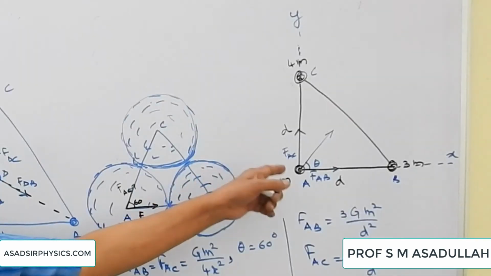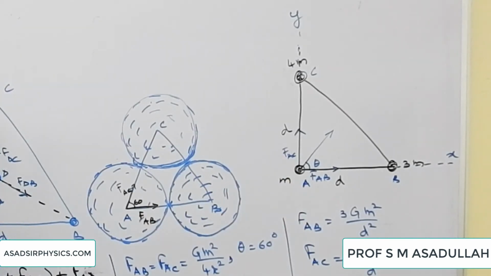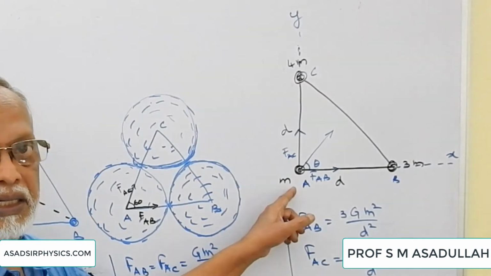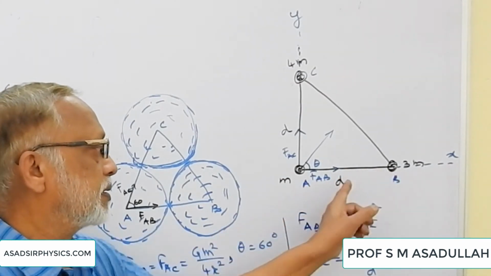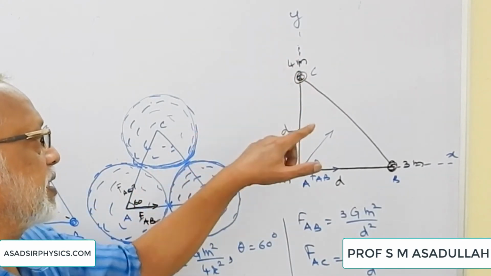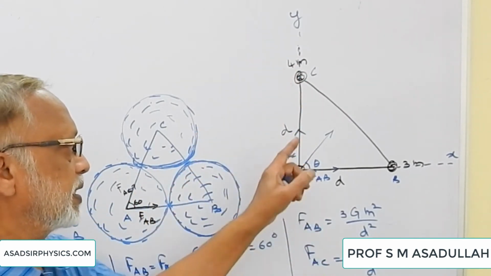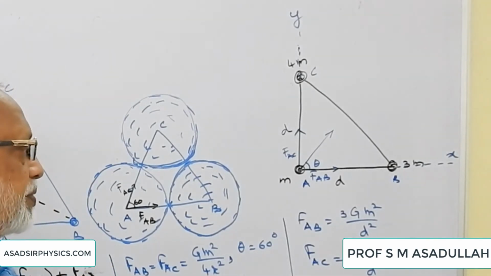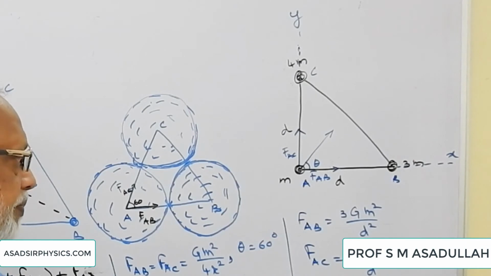Now we have three bodies of masses m, 3m and 4m. m is at the origin, 3m is at distance d along the x-axis, 4m is at distance d along the y-axis. It is an isosceles right angle triangle. We want to find the force on the body A, that is of mass m.